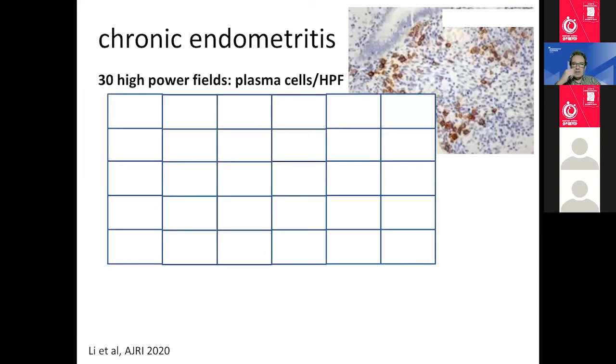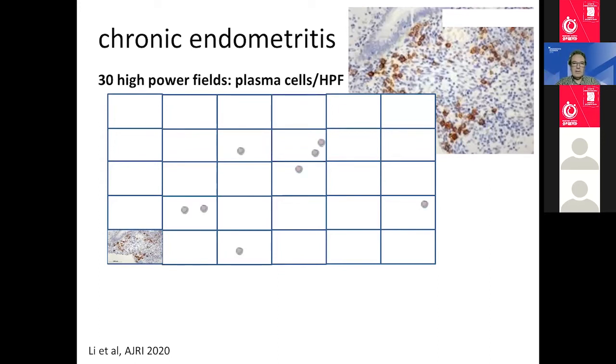But there's a recent paper, which I like very much. It's from a Chinese group in Shenzhen, and they have analyzed samples from infertility patients, 30 high power fields under the microscope. Unfortunately, it's not defined how big they were, but this is how it looks like.